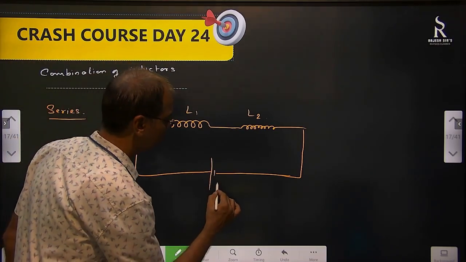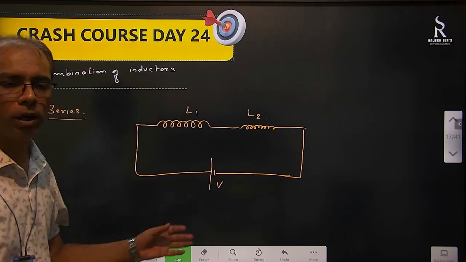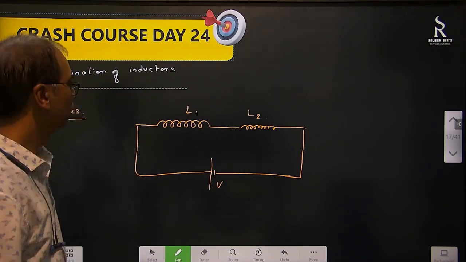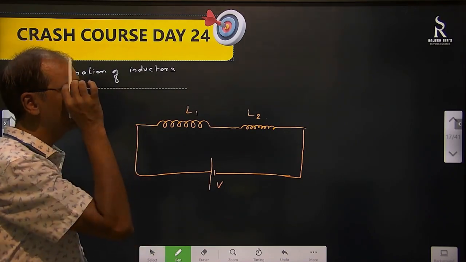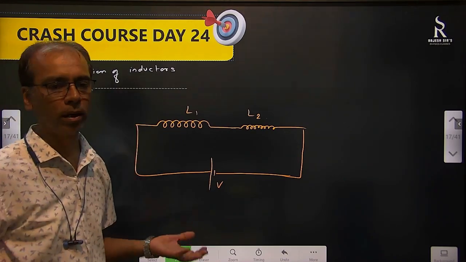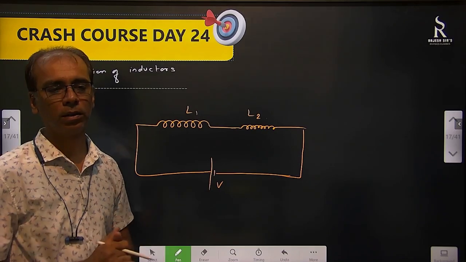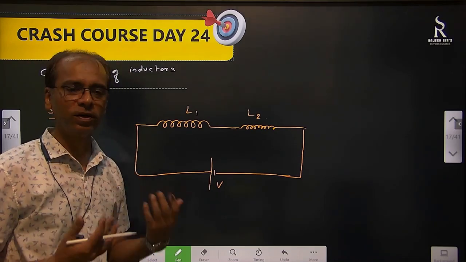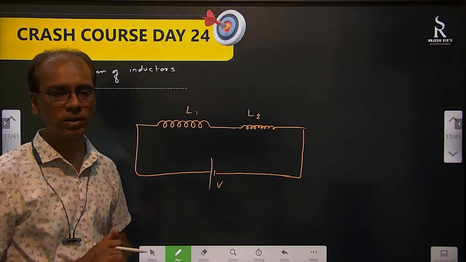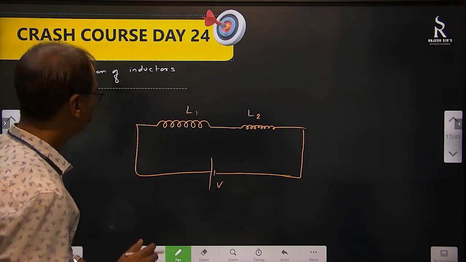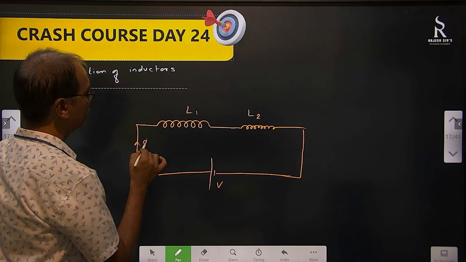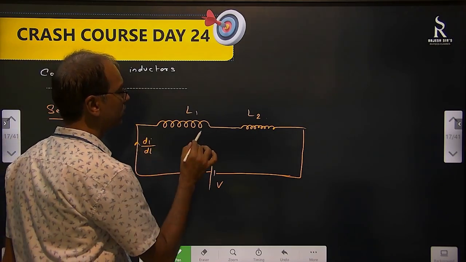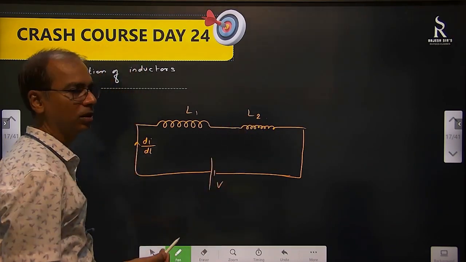So here potential difference is V. What will happen through this one? Now L is going to work only when there is change in current. That's what we saw so far. Across them, potential will drop or EMF will induce only when there is change in current. Otherwise, no. So suppose there is change in current here, let's say di by dt. Through this one also will be same change in current. They are in series.